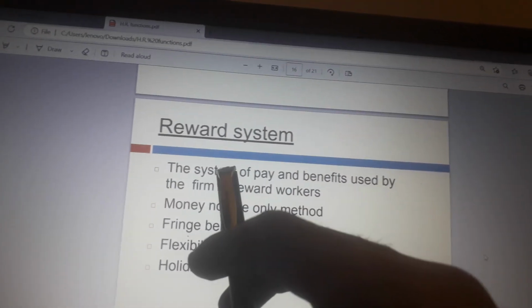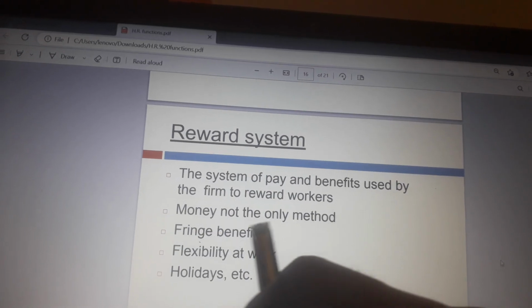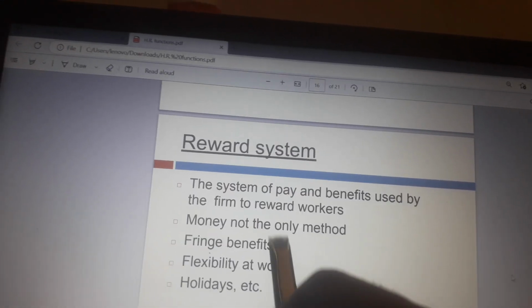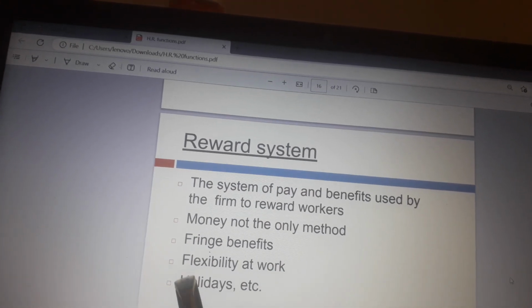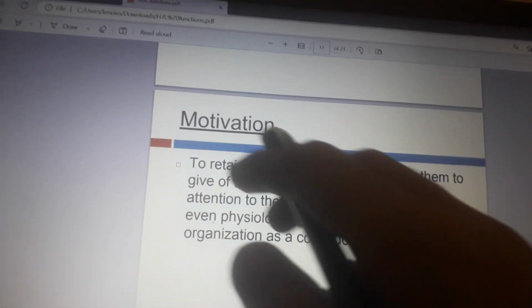Reward system. The system of pay and benefits used by the firm to reward workers. Money is not the only method: fringe benefits, flexibility at work, holidays, etc. Motivation.